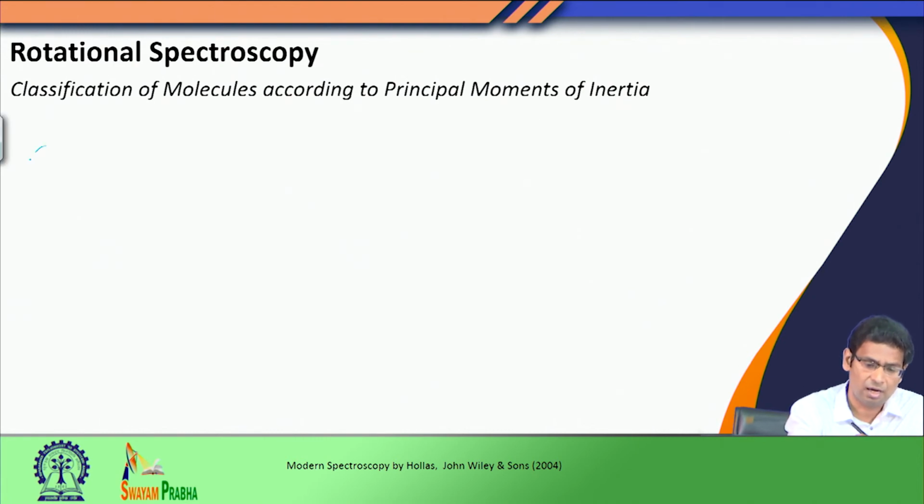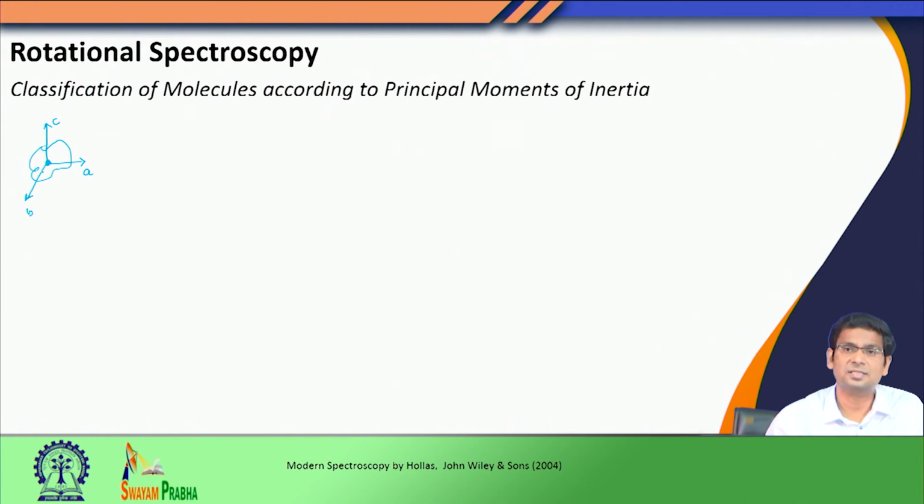Suppose you have a molecule with a very random shape, and I determine the center of gravity of this molecule. At this center of gravity, imagine 3 perpendicular axes. Call these 3 perpendicular axes A, B, C. These 3 axes are called principal axes of this molecule.